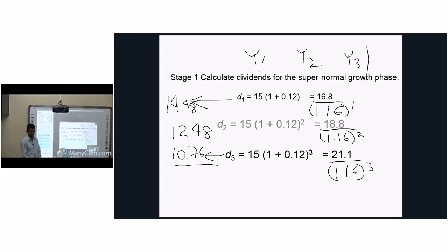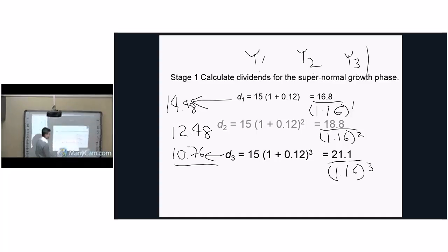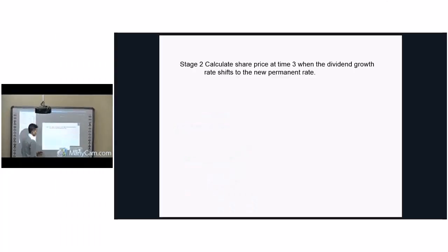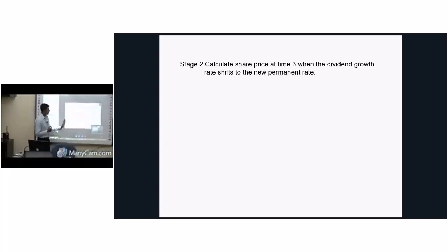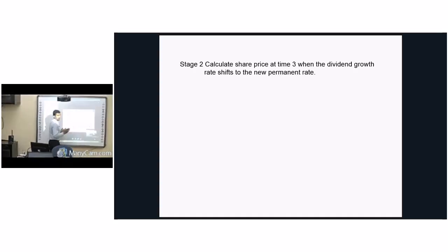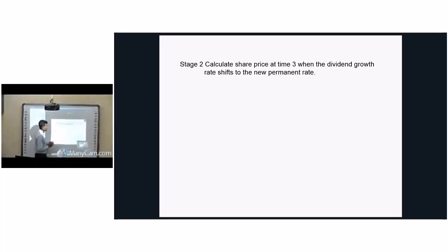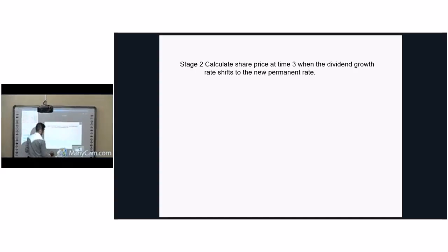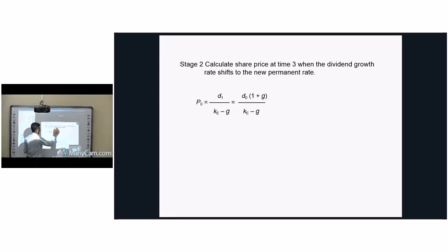Fine. Now we are going to move into the next section. As I told you, for the first 3 years we have the non-constant dividend. Now we have a constant dividend. This is where we are applying the full equation, right? So now we know that by the end of year 3, we are now in year 3, keep in mind.